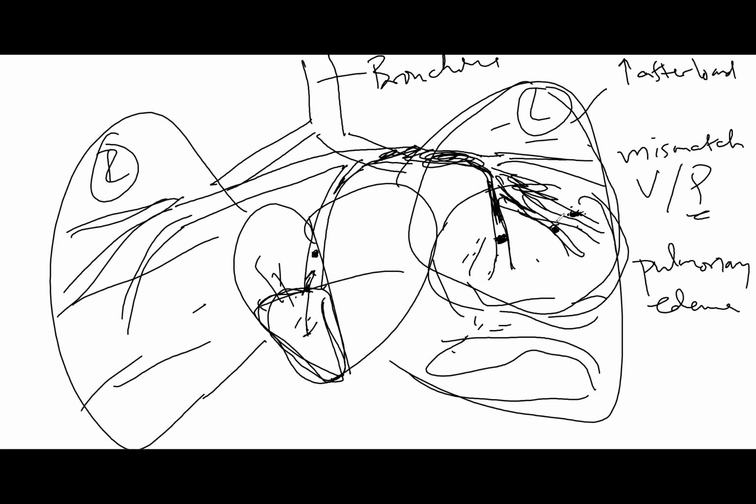But why don't these guys here die? If you read the pathophysiology, none of them die really. I mean, the patient will die, but the lung tissue itself won't. Meaning there is enough ventilation, it's the perfusion that's the problem.